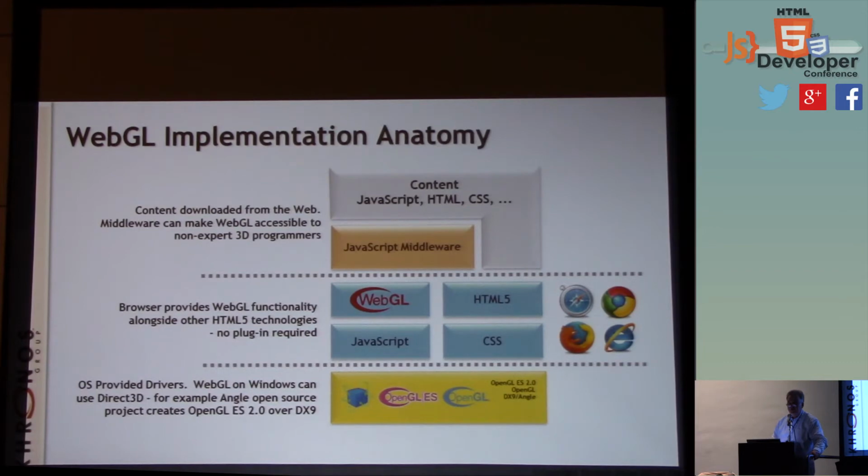It's not a typical web API, but a lot of those details can be hidden from the web development community by using the appropriate middleware. And one of the most popular, and again, I've seen some presentations around at the show here, is three.js. It's a JavaScript library that makes use of the underlying WebGL quite straightforward and lets you get going quite quickly.